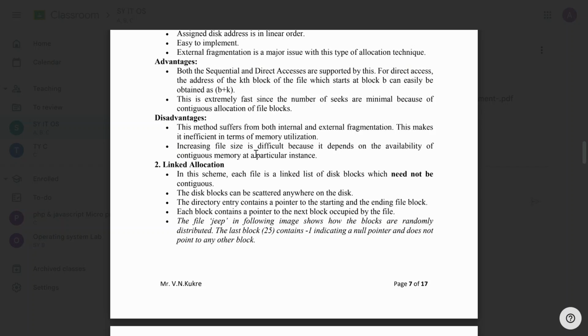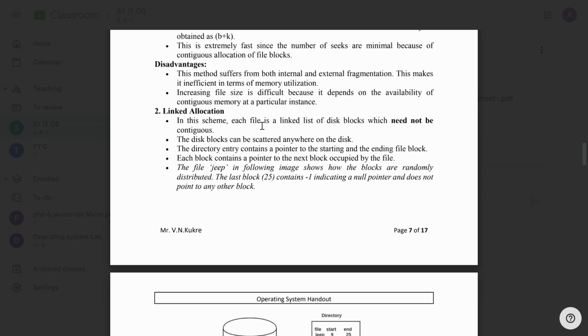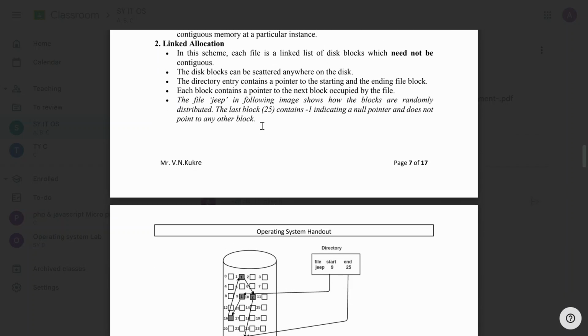Okay, so the next point is linked allocation. Now we have to allocate the memory with the help of linked allocation. So how are we going to store the file with the help of linked allocation? That we are going to see. In this scheme, each file is a linked list of disk blocks.